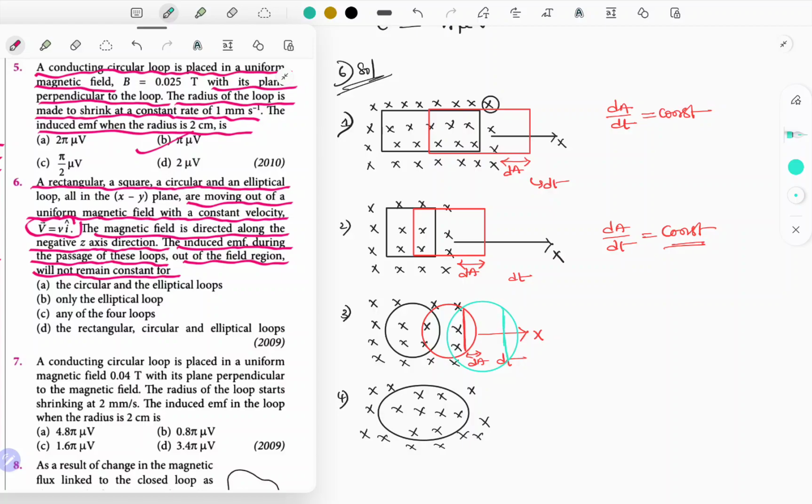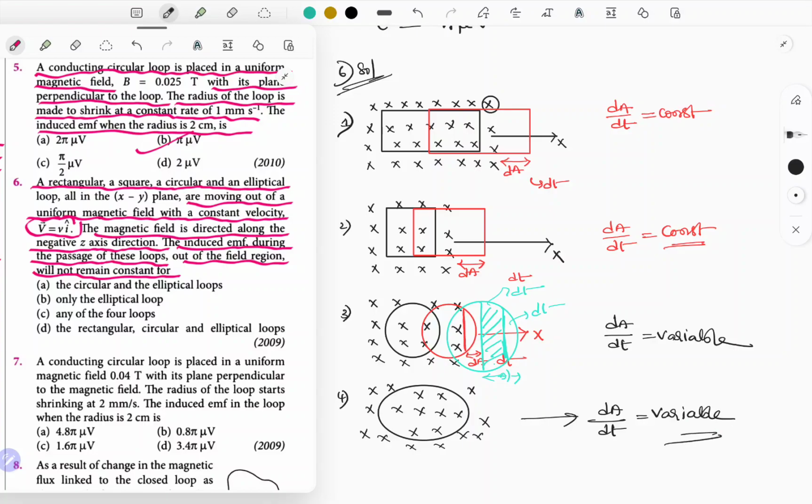In dt time, this is the area. Now next dt time, this is the area came out. For every dt time, is the change in area changing or constant? It is changing. That's the reason in this case dA by dt is variable. For ellipse also dA by dt is variable.